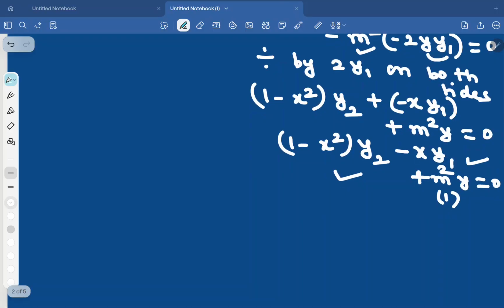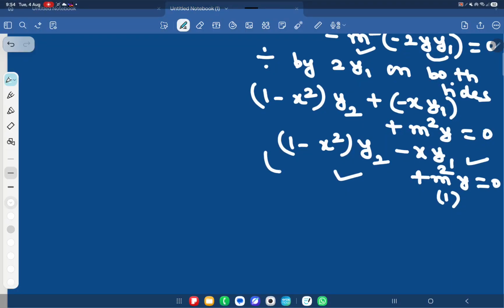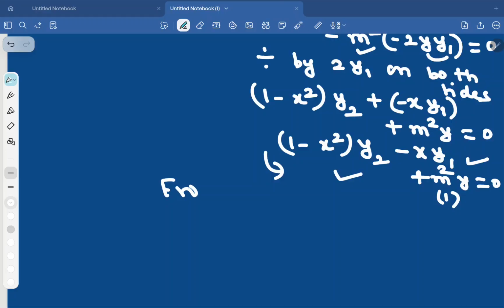Now I am going to prove the second equation from 1. From 1, apply Leibniz theorem.